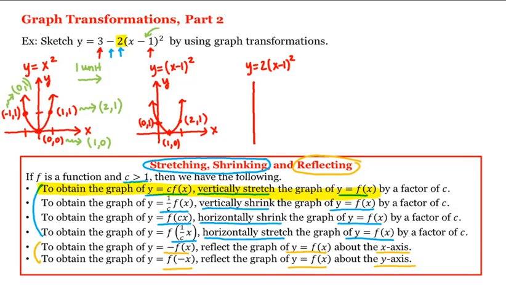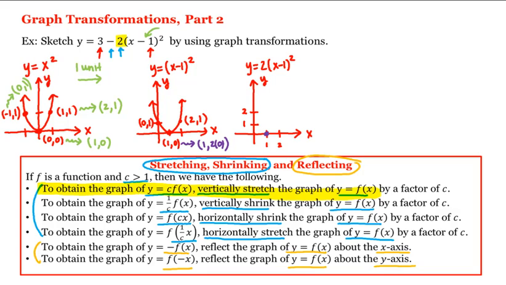Say this is the y-axis and the x-axis. This is 1, 2, and this is 1, 2. Now this point over here, 1, 0, isn't really going to move because we're multiplying the y coordinate by 2. So we're still at 1 and then 2 times 0, which is still 1, 0. So we're here.